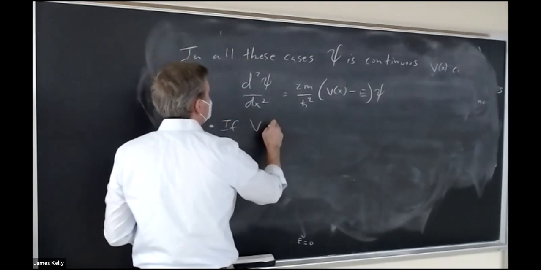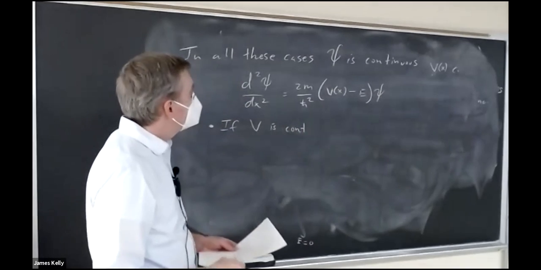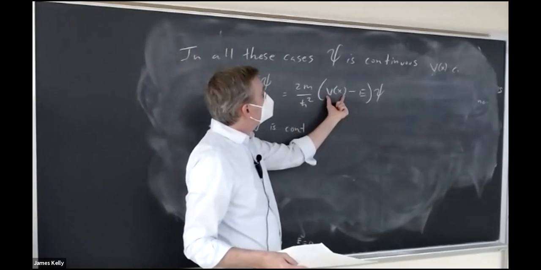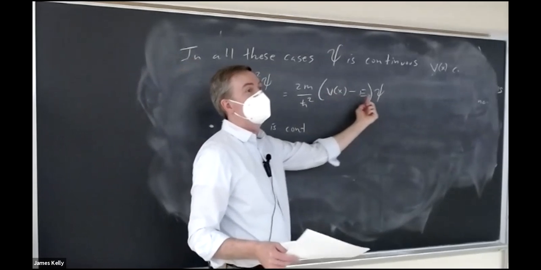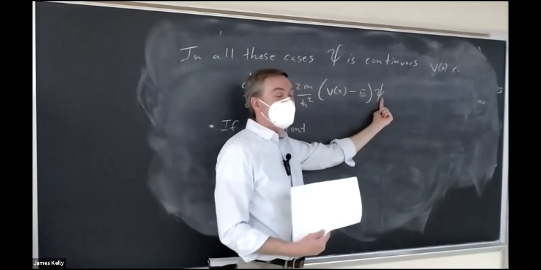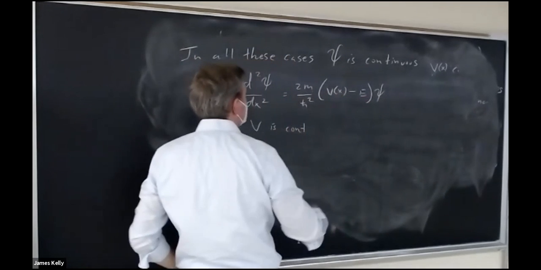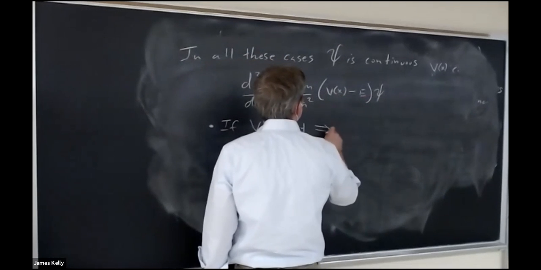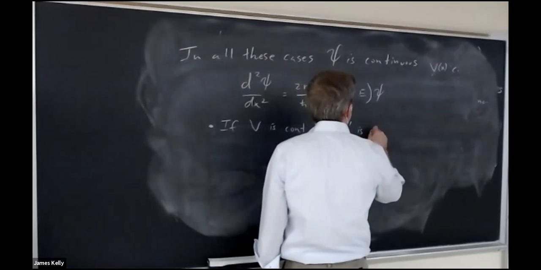Our 4 cases are: if v is continuous, e is just a number, so this thing is continuous. We decided that psi is going to be continuous, at least in the restricted cases we're going to look at. So the whole right-hand side is continuous. And that means that the second derivative of psi is continuous.